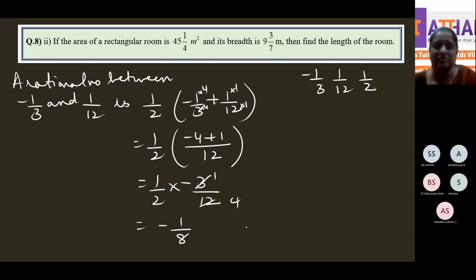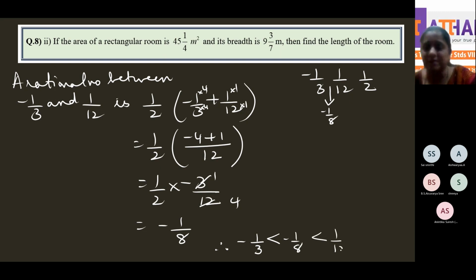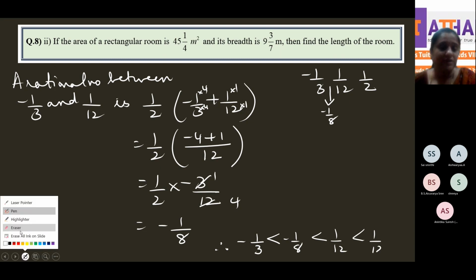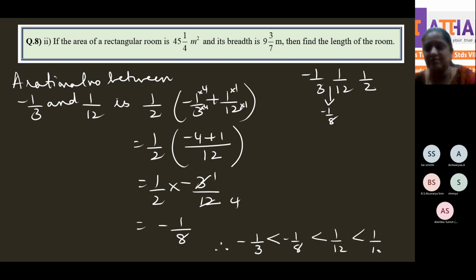See, you can present it like this. Therefore, minus 1 by 3 is less than minus 1 by 8, which is less than 1 by 12, which is less than 1 by 2. This is the ascending order.